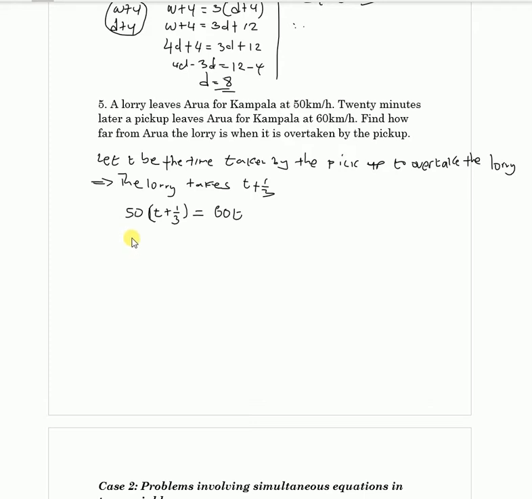So we are going to open the brackets here, and we have that 50t plus 50/3 is equal to 60t. We shall multiply through by 3 so that we have things which are not bearing a fraction.